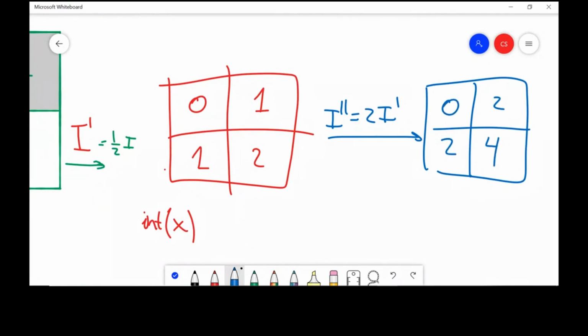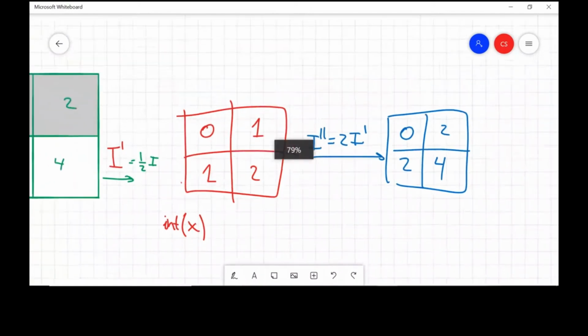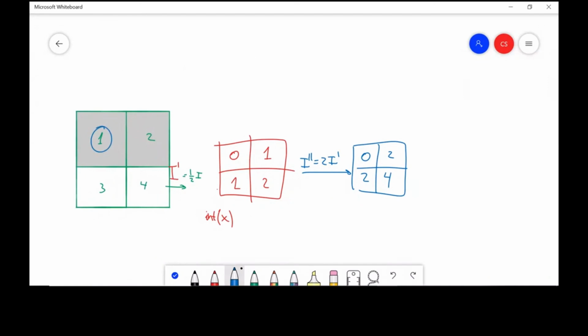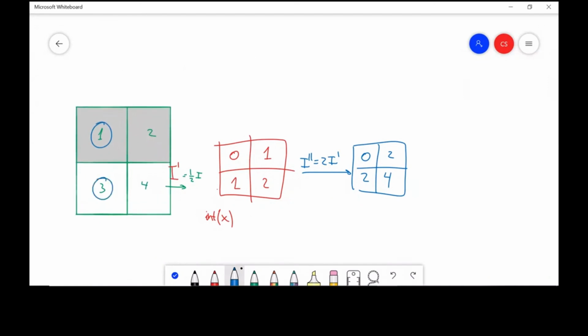So if you compare to the original one, we have lost some values. Value 1, we don't get it. Value 3, we don't get it.